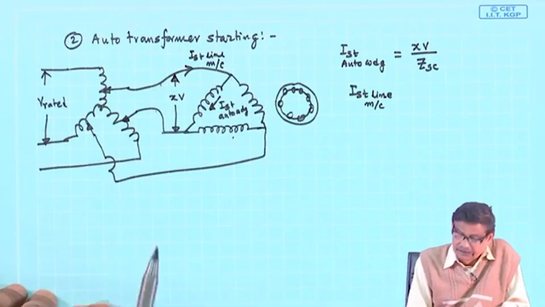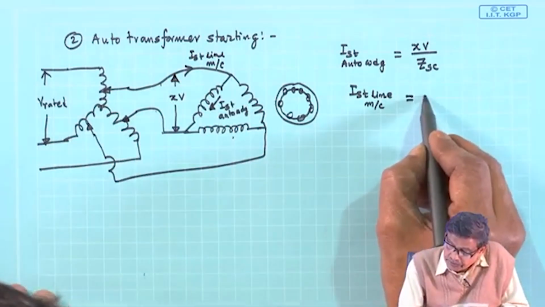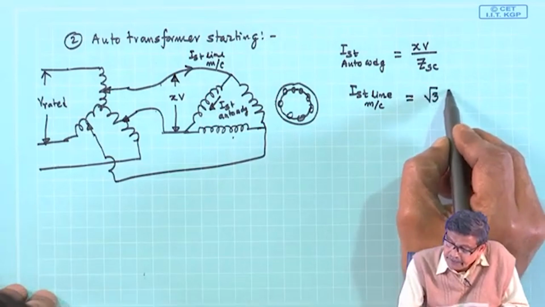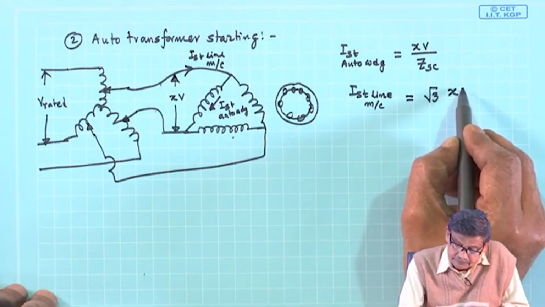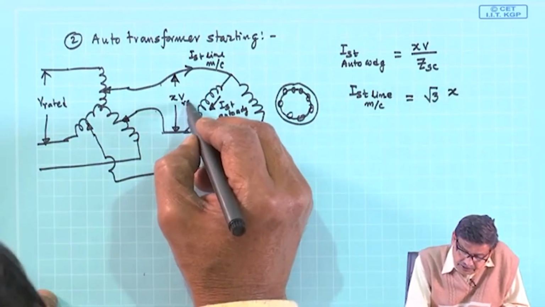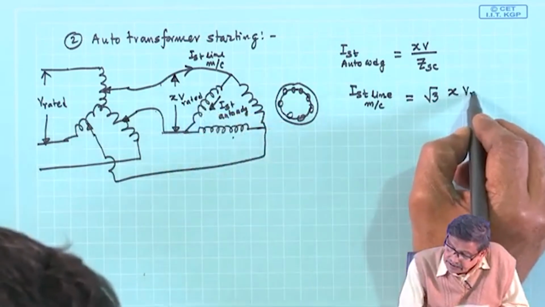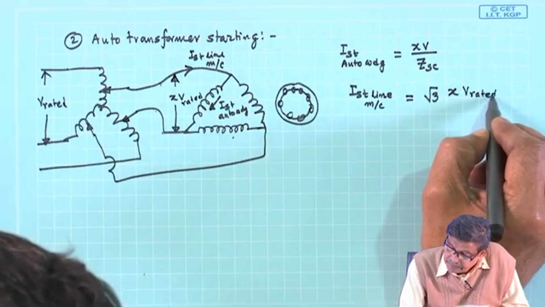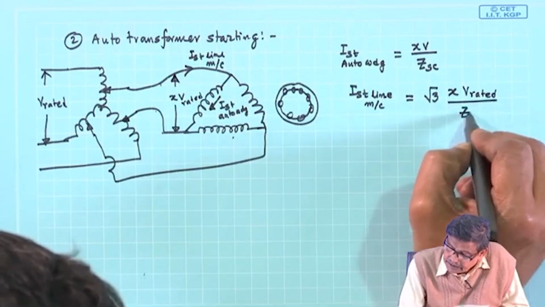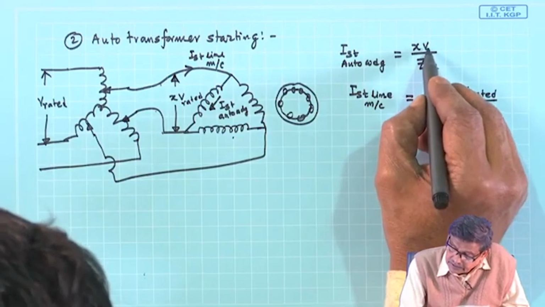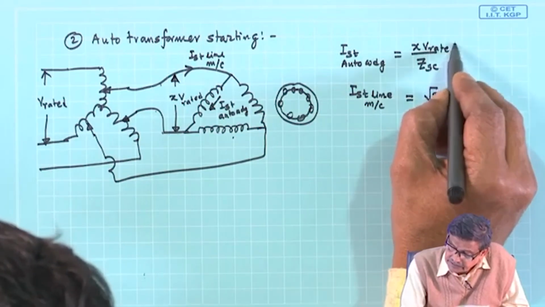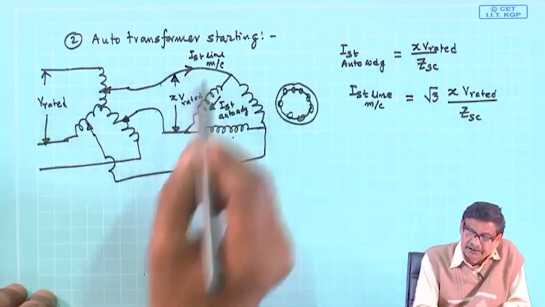This will be equal to root 3 times x V rated by Z SC, and this is also V rated. This will be the I starting line here.